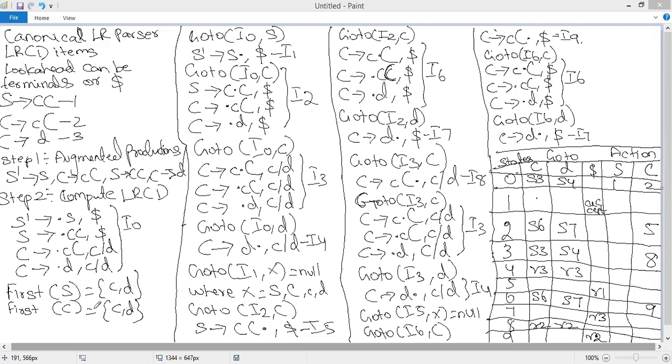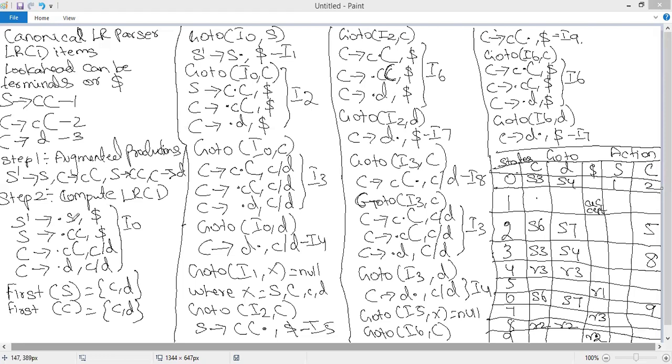After identifying the first sets, step three is we have to compute the LR(1) items. That is, we are going to compute the goto operation by using the closure operation. This is our production rule. First production rule, S' tends to dot S. We know that in the closure operation, in the right hand side of the production rule, we include a dot at the first position of the production rule.